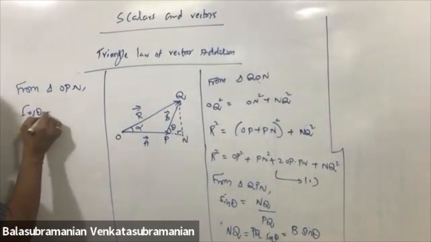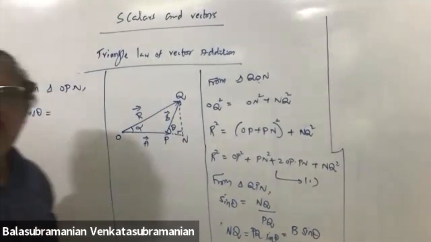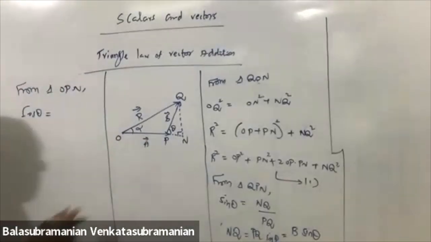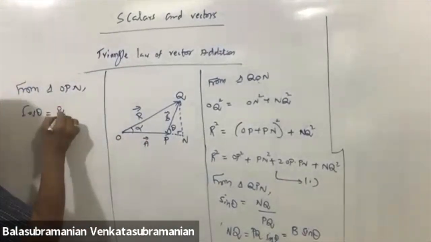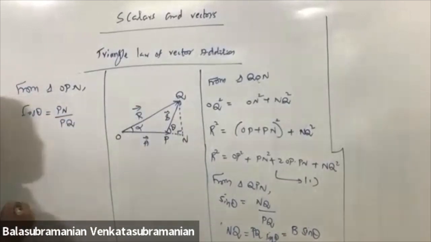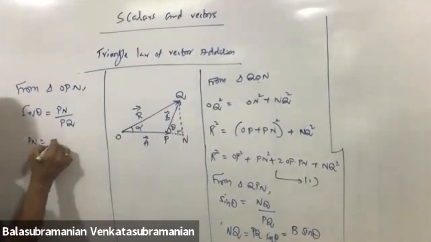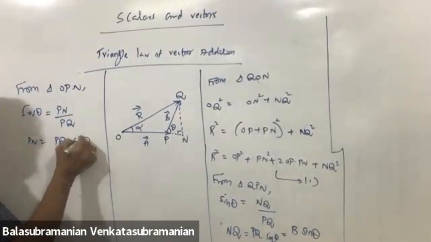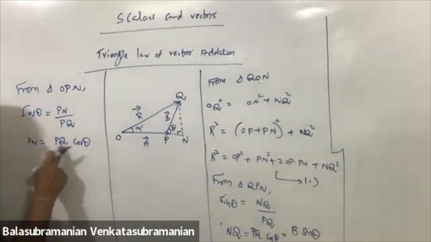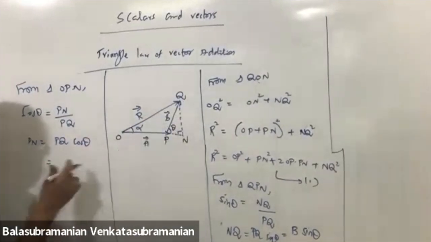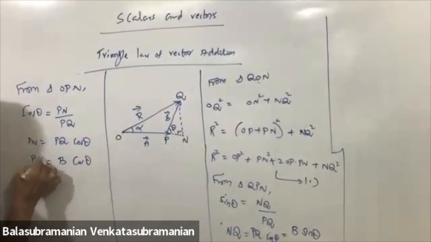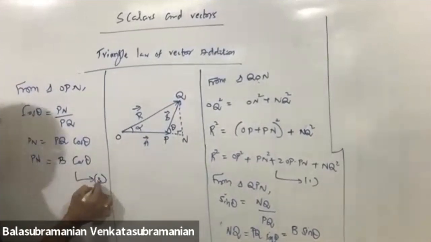Cos theta is equal to adjacent side PN by hypotenuse PQ. So PN is equal to PQ cos theta. What is PQ? B. So PN is B cos theta.